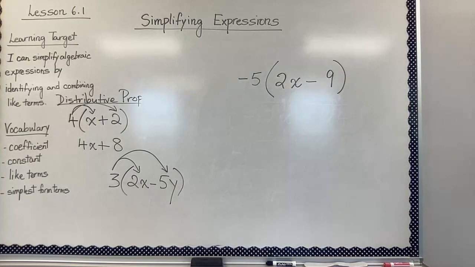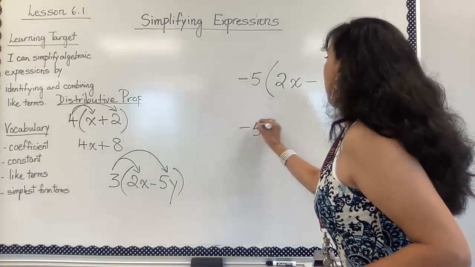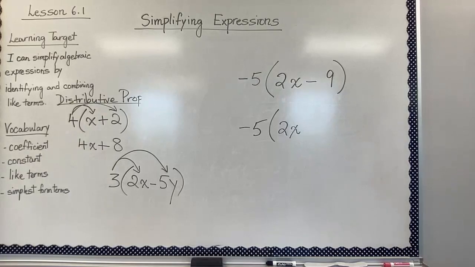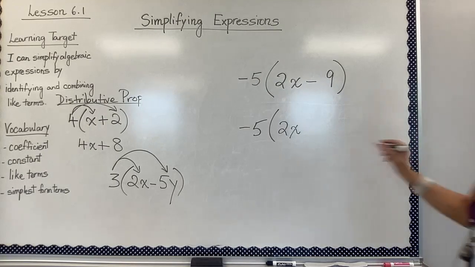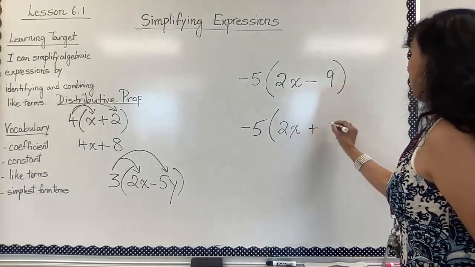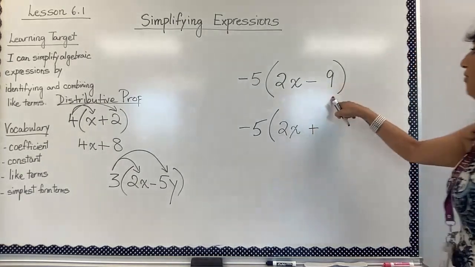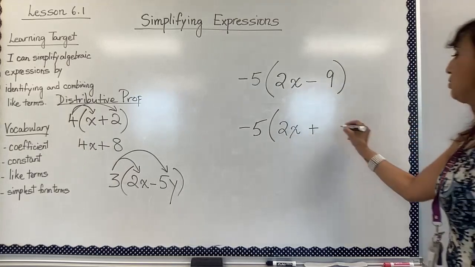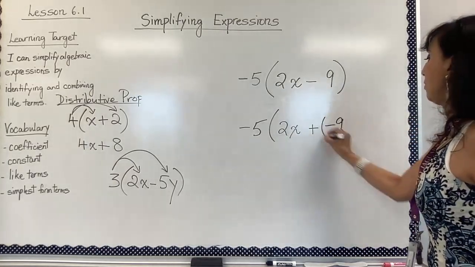So I have negative 5 times (2x plus negative 9). This becomes keep, change, flip: change the subtraction to addition and the 9 to a negative 9.